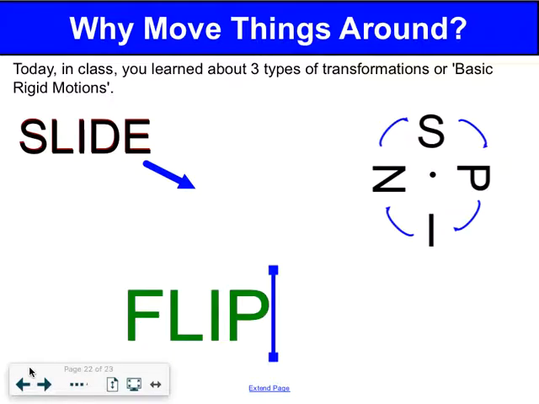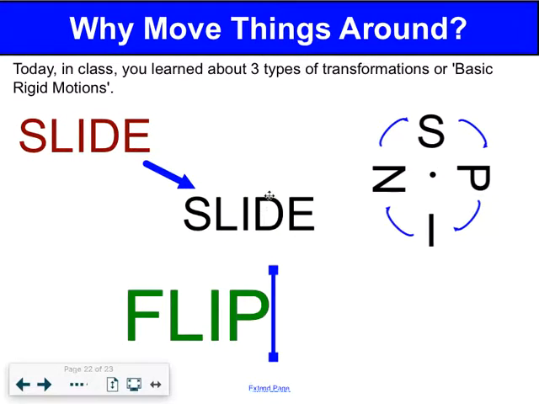Today in class, we learned about 3 types of transformations, or in your Eureka book, we describe those as basic rigid motions. The first one was where we take an image or figure and we slide it to another location. And this is what is known as a translation.